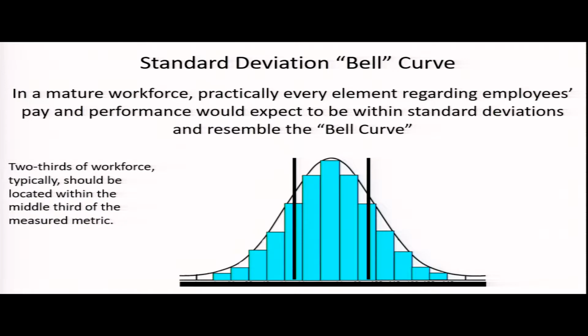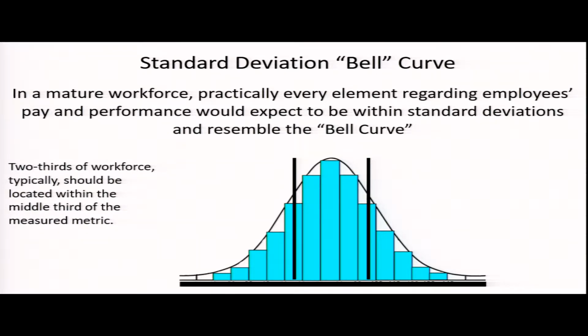In a perfect world, if the sample size is large enough, two-thirds of your workforce, whatever measurement data point you're looking at, should be in that middle portion of the bell curve.